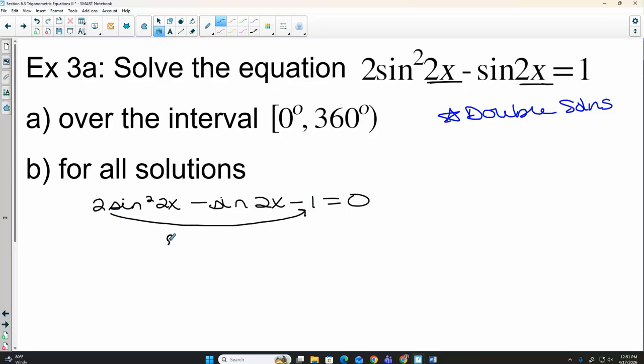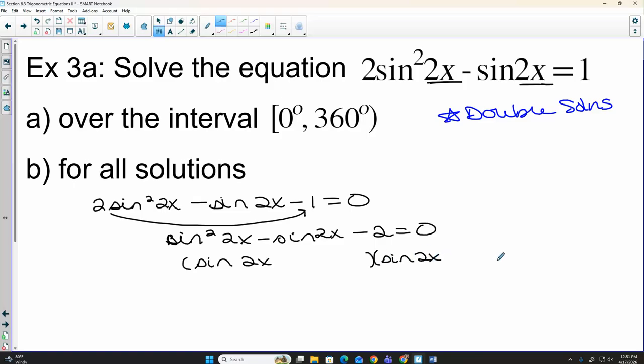Second side. Multiply to negative 2 and add to negative 1.